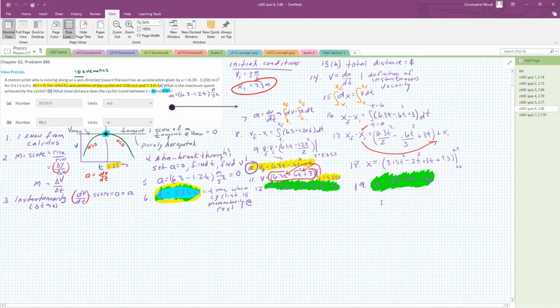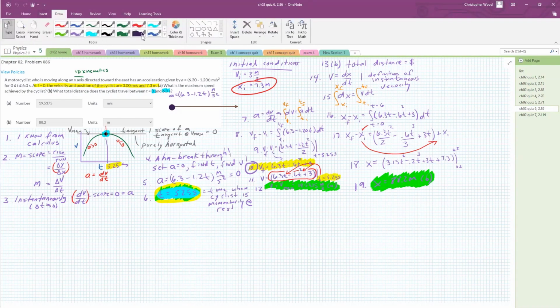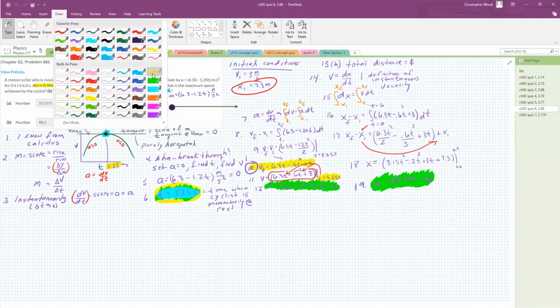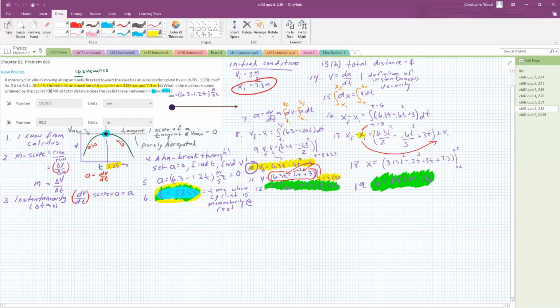The only problem I had with my original work is that I need to bring X initial, this variable right here, over to here.